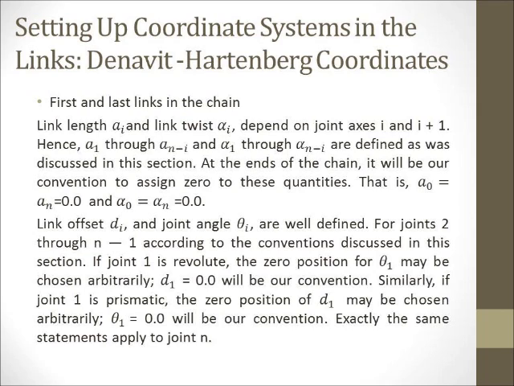Link offset di and joint angle theta i are well defined for joints 2 through n-1 according to the convention discussed in this section. If joint 1 is revolute, the 0 position for theta 1 may be chosen arbitrarily. d1 equal to 0 will be our convention. Similarly, if joint 1 is prismatic, the 0 position for d1 may be chosen arbitrarily. Theta 1 equals 0 will be our convention. Exactly the same statements apply to joint n.